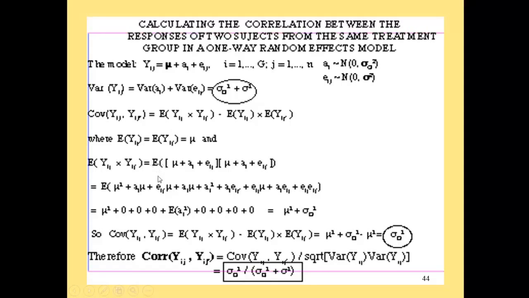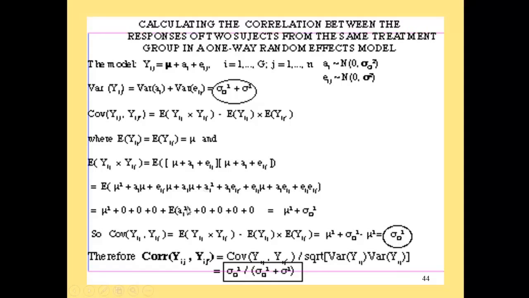And it turns out, once we go through all the math, we get this really long expected value formula, but the expected value of most of these terms is going to be 0. Okay? The expected value of mu squared is mu squared. The expected value of ai times mu is going to be 0 because the expected value of ai is 0, right? eij and mu goes to 0 for very similar reasons. ai mu again goes to 0.